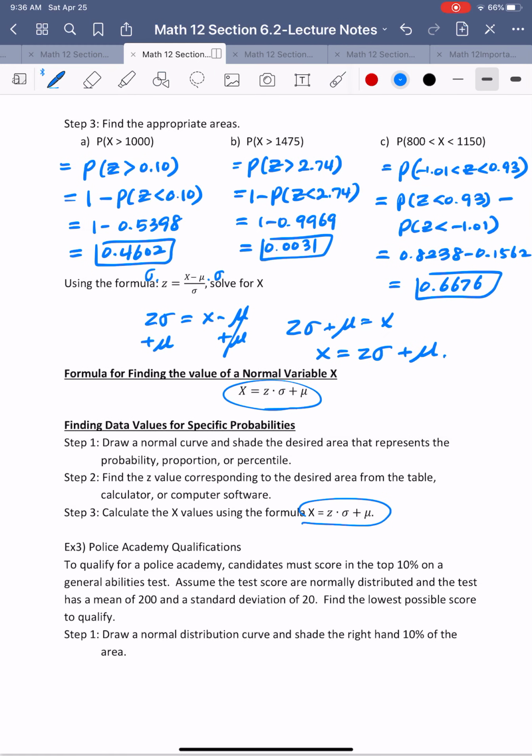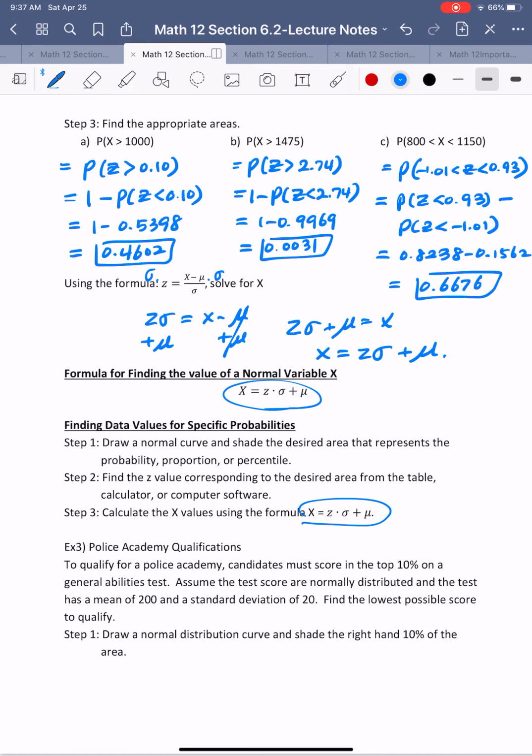Police academy qualification: to qualify for the police academy, candidates must score in the top 10% on a general ability test. Assume the test scores are normally distributed and the test has a mean of 200 and a standard deviation of 20. Find the lowest possible score to qualify.